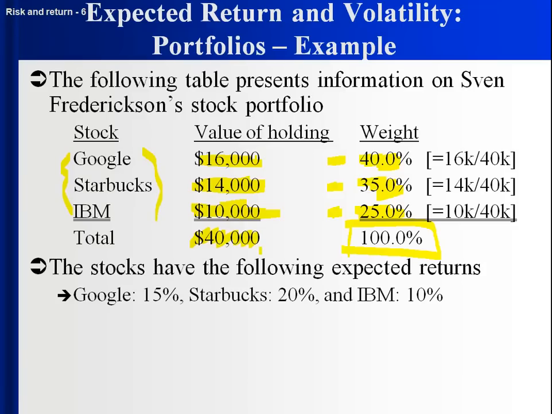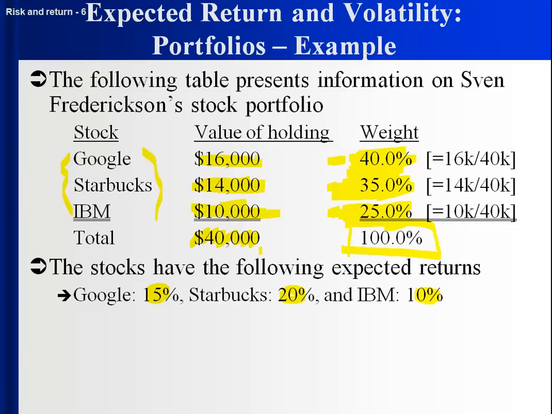We know that the expected return on Google is 15%, the expected return on Starbucks is 20%, and the expected return on IBM is 10%. So what is the expected return of Sven's portfolio? Well, we can't simply add up all 3 and divide by 3, because that isn't capturing the fact that 40% of the portfolio is in Google and only 25% is in IBM, and it's not a third in Starbucks, it's actually 35%.